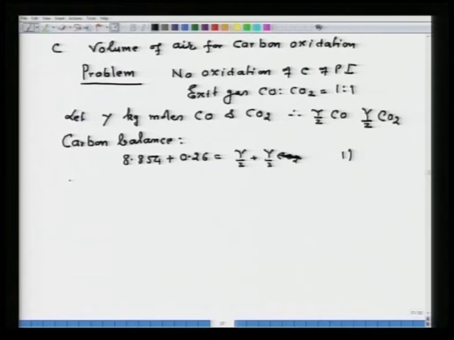Now, second is the oxygen balance, and let us take Z kg moles oxygen derived from air.